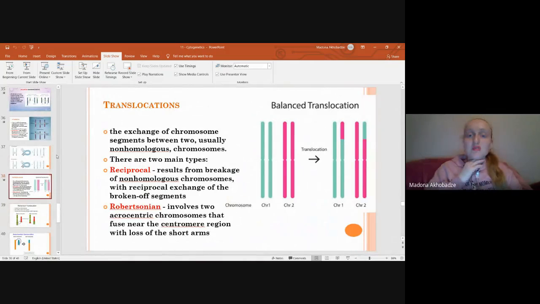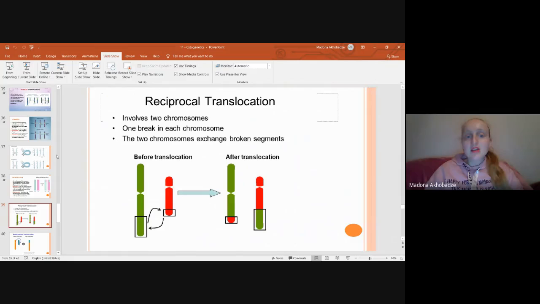Robertsonian translocation could also be a reason for Down syndrome, in 2%. Reciprocal means an exchange between usually two chromosomes, where one break happens at each arm of the chromosome, and they simply exchange the parts.